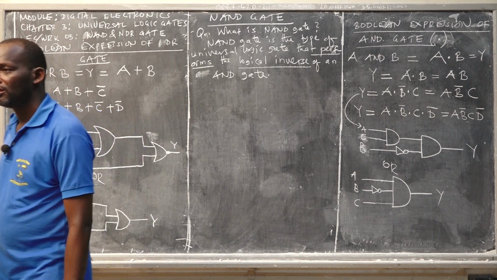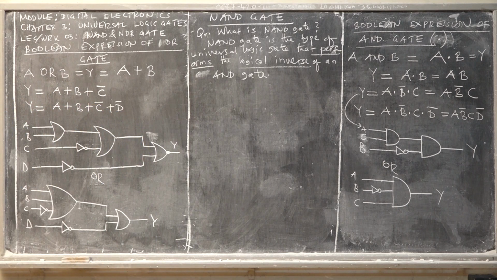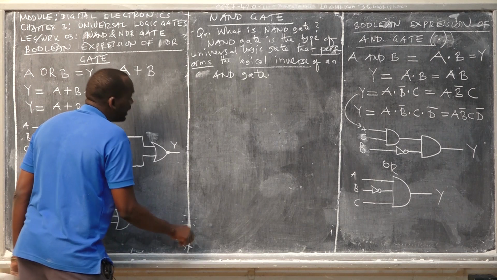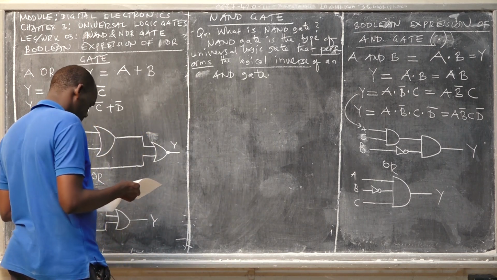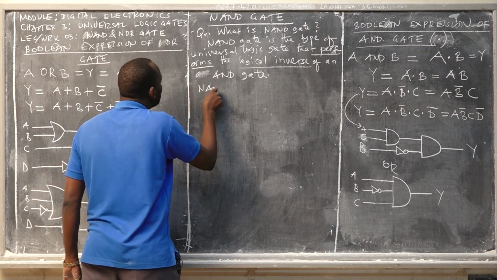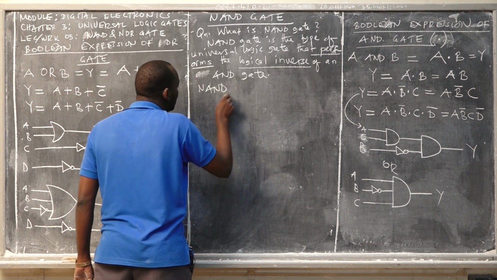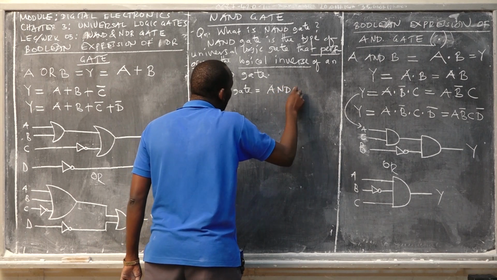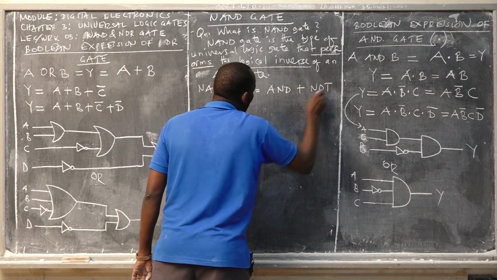AND gate. Okay, so before you learn about NAND gate, you have to learn about the inverse of the gate, which is the NOT gate, and also you have to learn about the AND gate. Because NAND gate is just a combination of inverse, or just call it NOT gate, and AND gate. So in simple language, we may say that because we are engineers, NAND gate is equal to AND gate plus NOT gate.